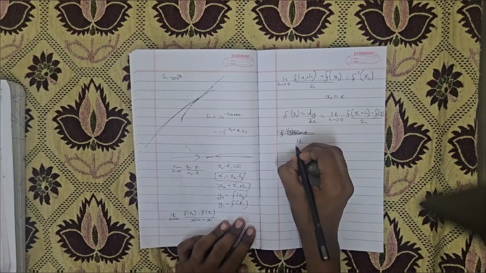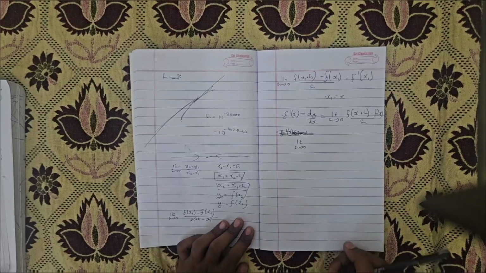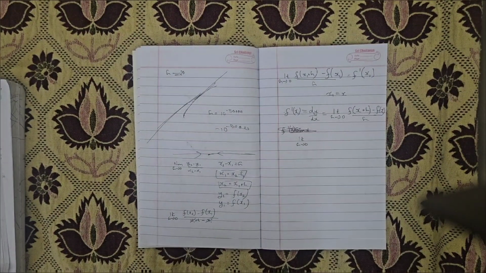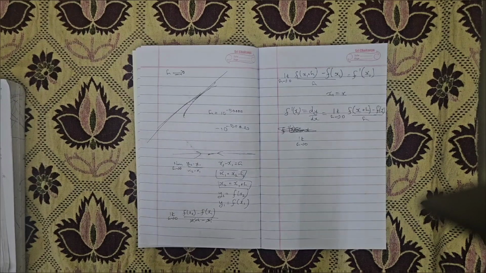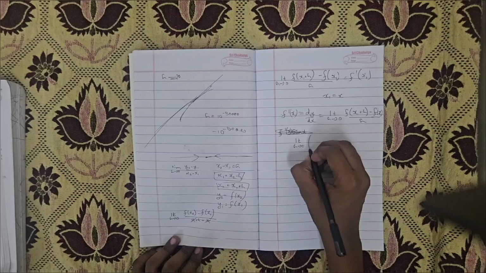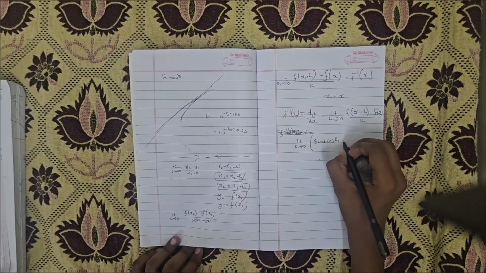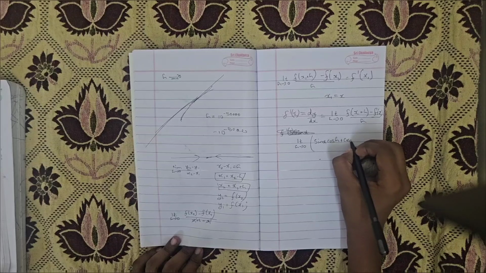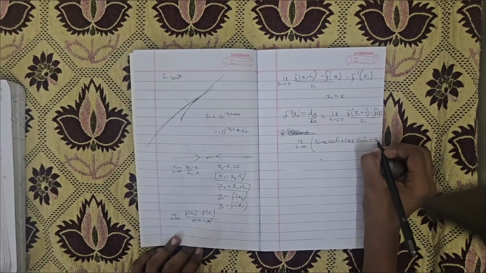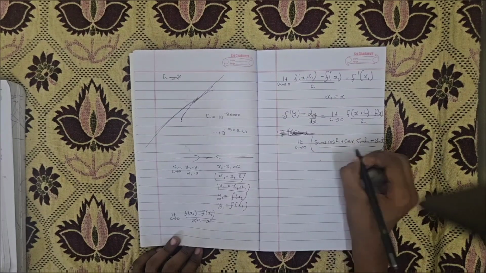Now limit h approaches 0, sine of x plus h, and sine of x plus h is, sine of a plus b, which is sine a cos b plus cos a sine b, and we just apply that rule right here. Sine of x cos h plus cos x sine h minus sine of x divided by h.